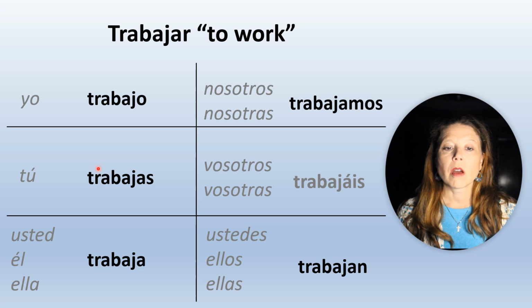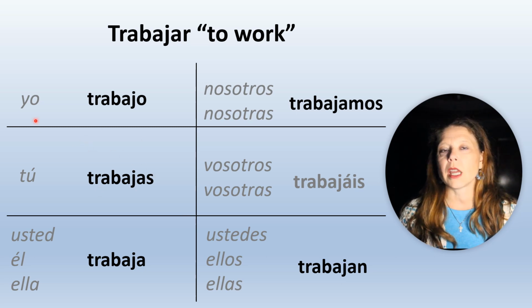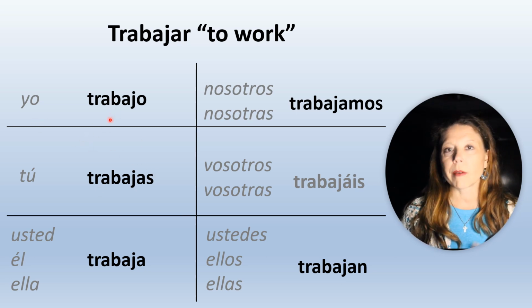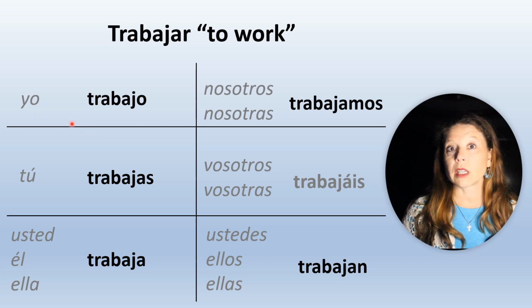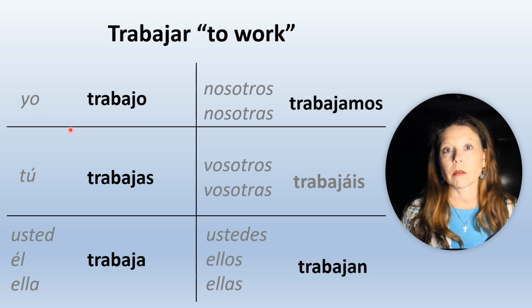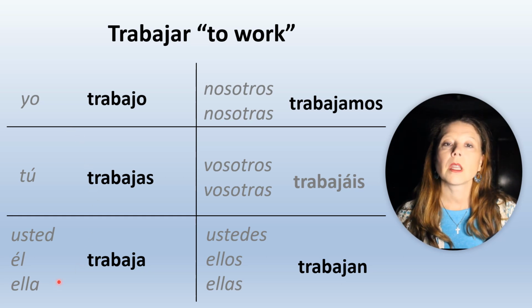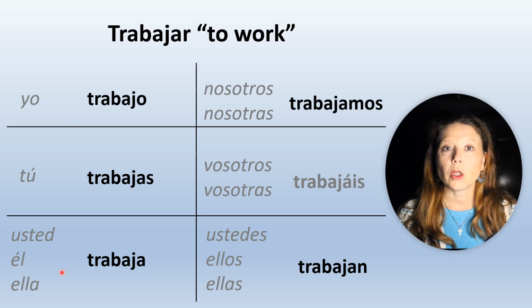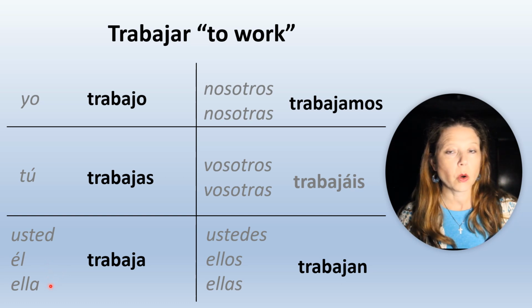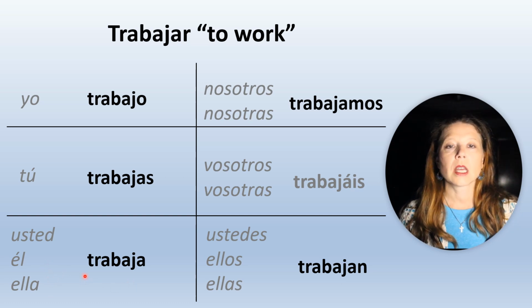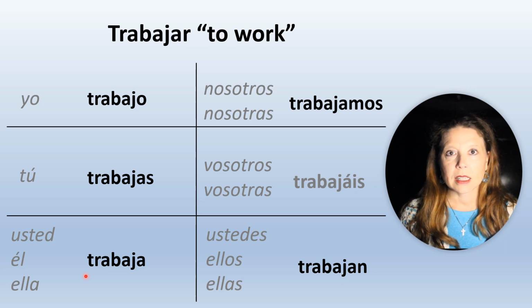Now remember, for many of these, we don't even have to say yo trabajo, because trabajo is only paired with yo. So if we hear trabajo, that means I work. Okay? Moving on. Usted, you, formal. Él or ella, he or she works, trabaja.